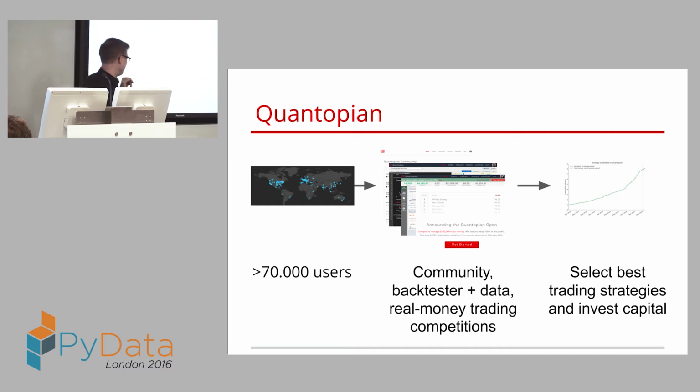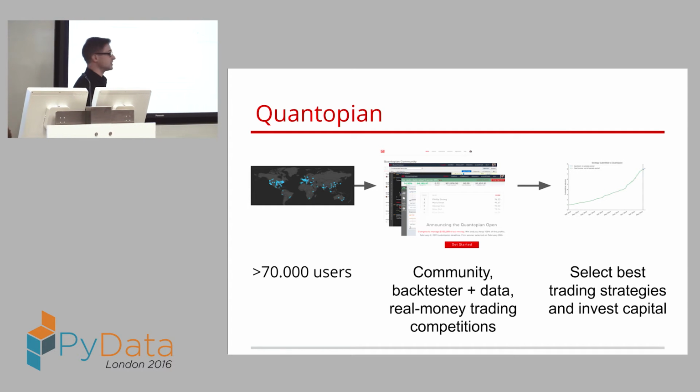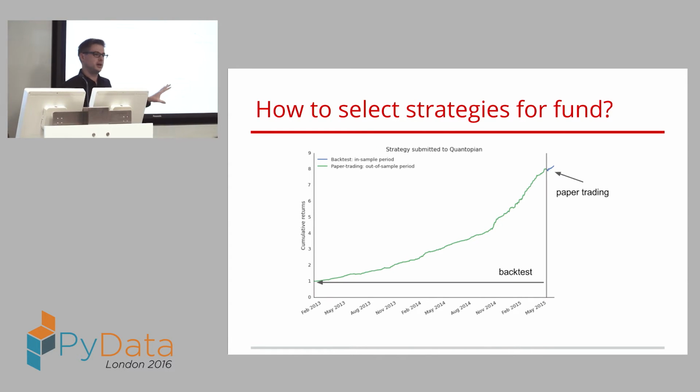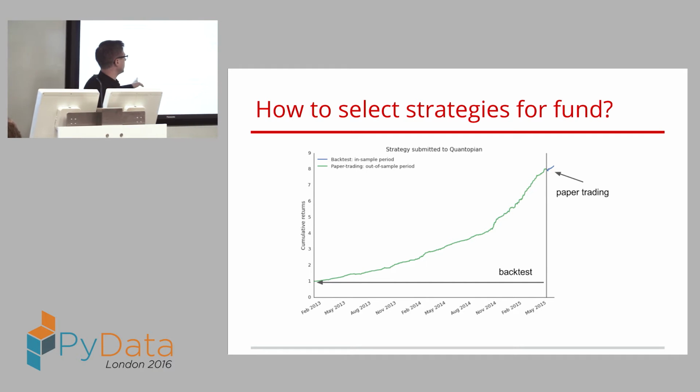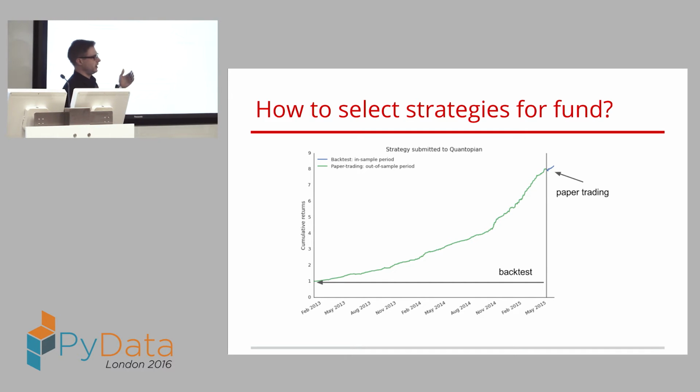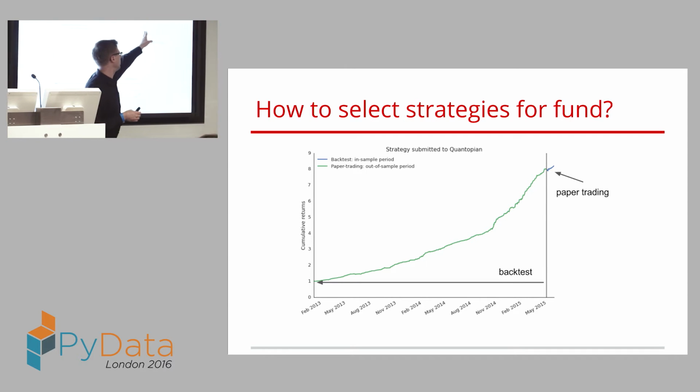Often though, with backtests, there's a tendency to overfit, so they often look much better than they do in reality when you actually set them live. This specific example is an algorithm that was submitted to one of our trading competitions. The way that is set up is you submit a 2-year backtest, and then we let it run, in this case, for 1 month on out-of-sample data.